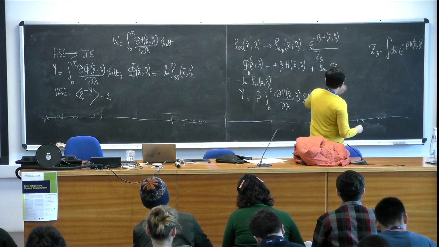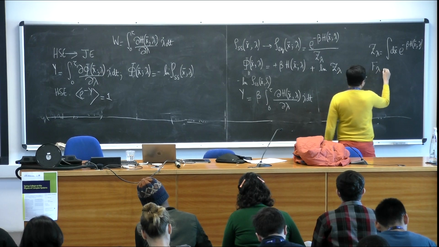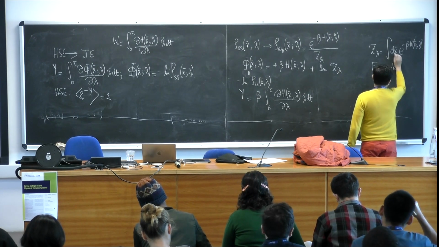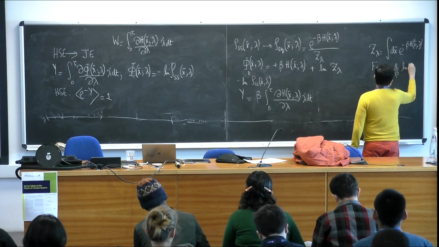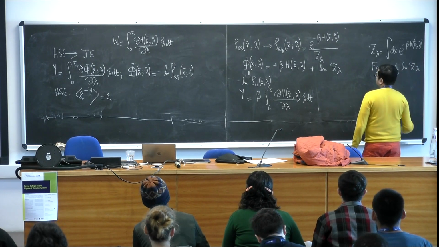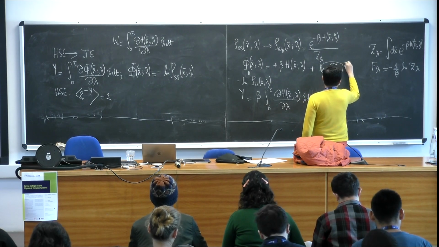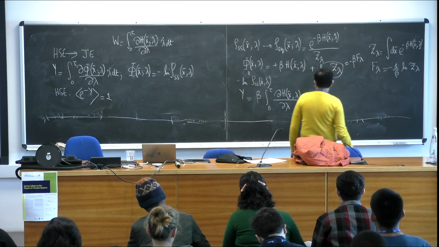Now what is log z lambda? Free energy F of lambda is equal to minus k_B T, that is minus 1 by beta, times log of z lambda. So therefore log z lambda is equal to minus beta F of lambda.